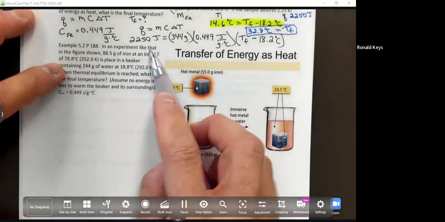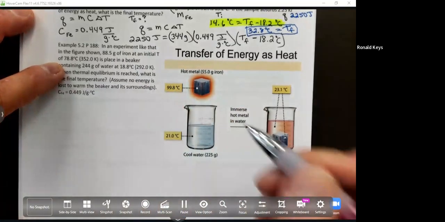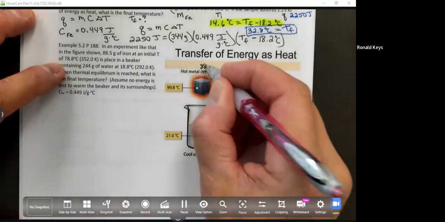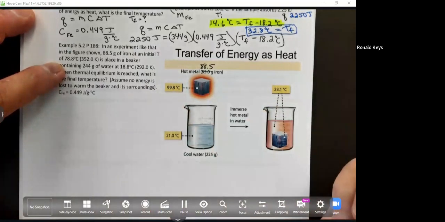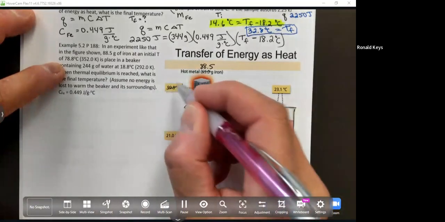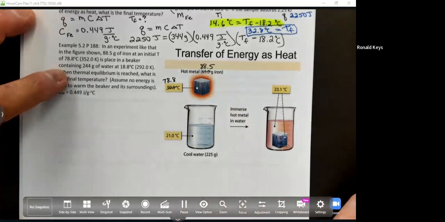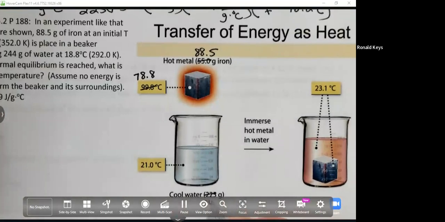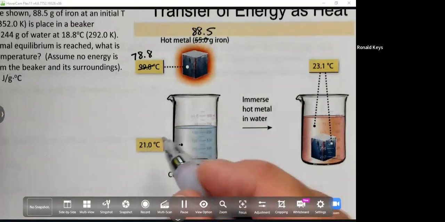In an experiment like that shown in the figure, 88.5 grams of iron at an initial temperature of 78.8 is placed in a beaker of water containing 244 grams of water at 18.8.